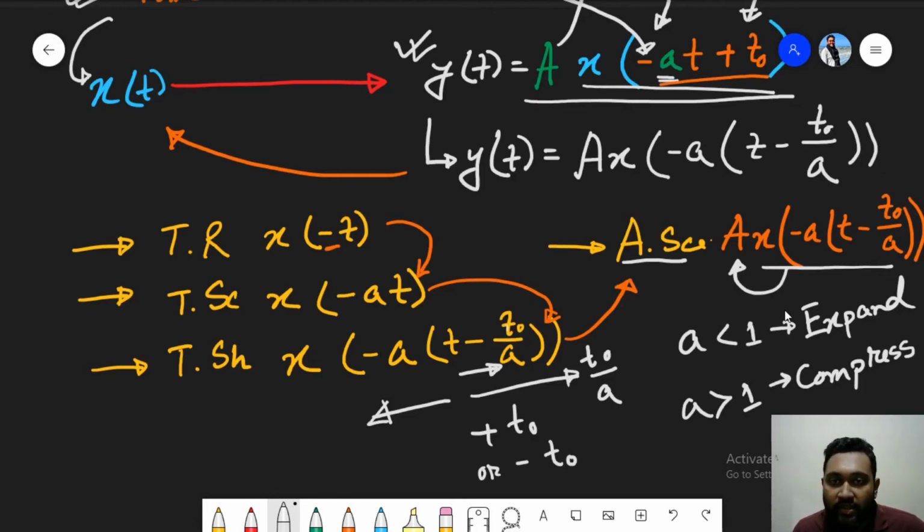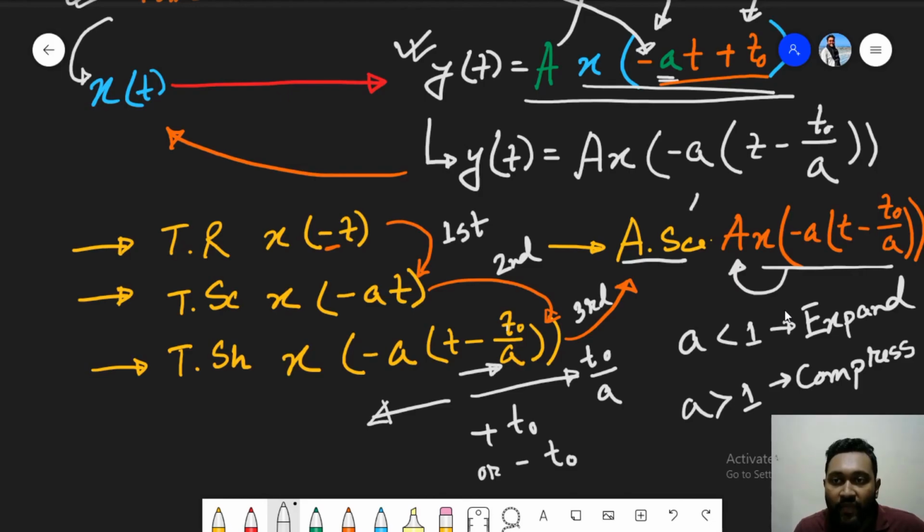So there is a hierarchy of steps. First we need to do time reversal. Then we need to do time scaling, either compress or expand. Then the third step, which is time shifting.